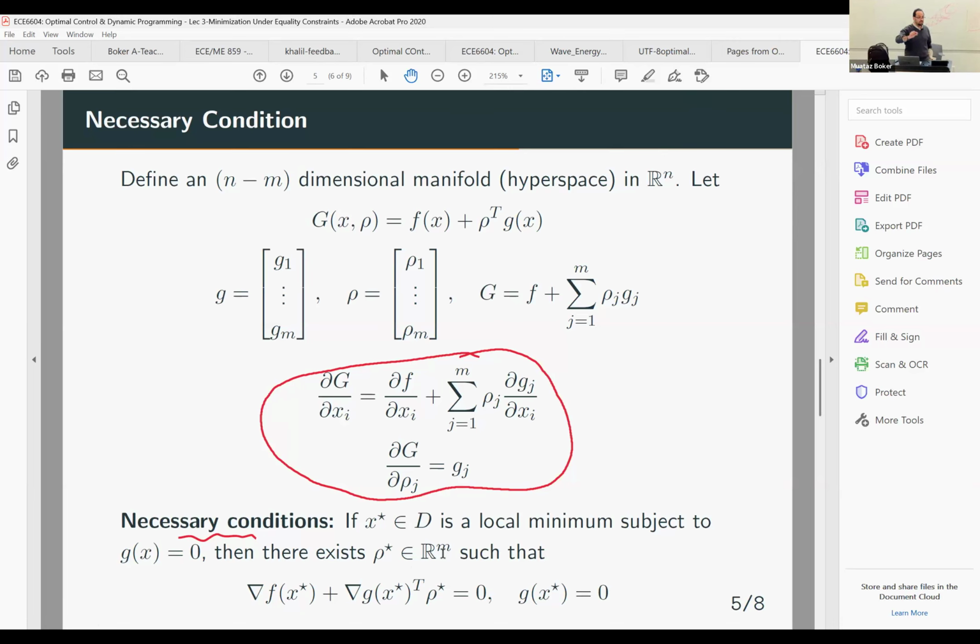So it's a vector of scalars, such that this equation is this equation written in a matrix form, right? The gradient of f, plus the gradient of g times rho star, must be equal to 0, right? I mean, that's what we want to do if we want to minimize. We want to equate this to 0, and we want to equate this to 0, right?